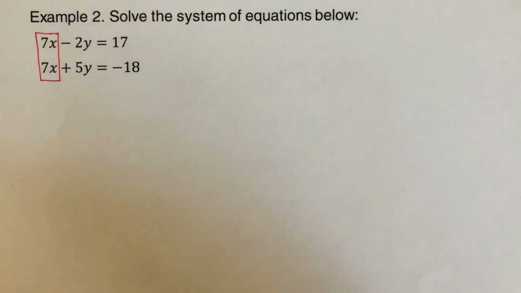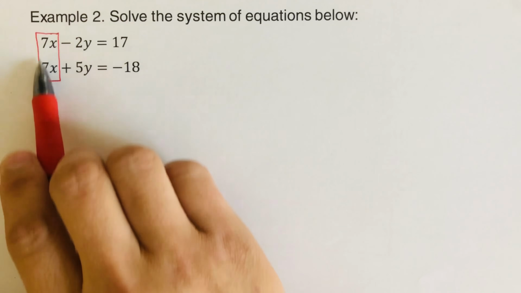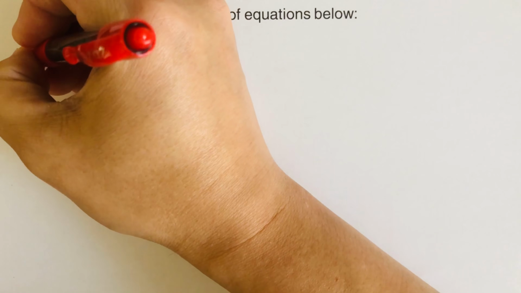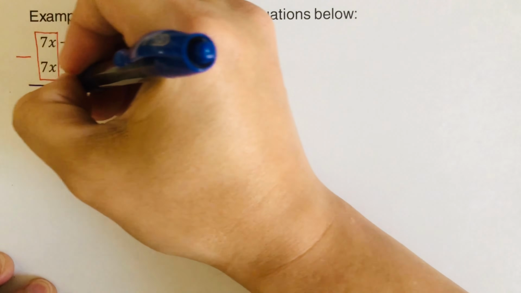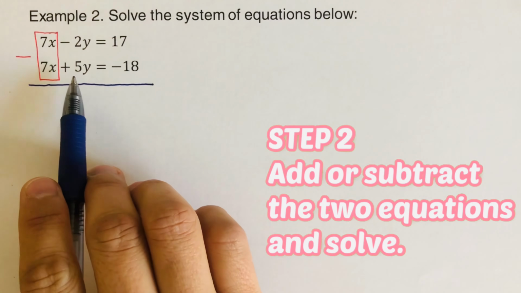Now, looking at this, since their coefficients are equal, both are 7, then we are going to subtract. So I'm going to subtract this. So that means we subtract this one and solve for y, and that is the second step.